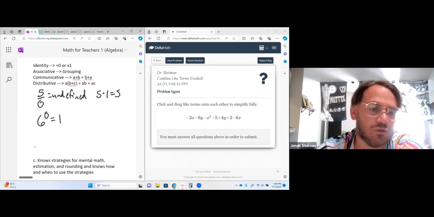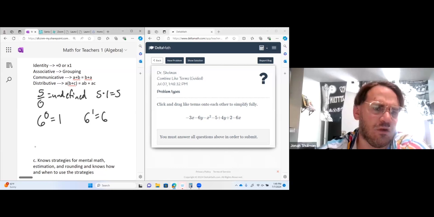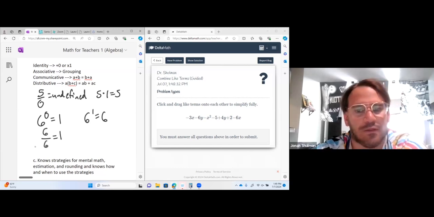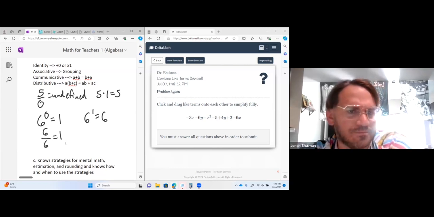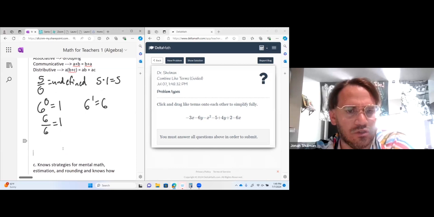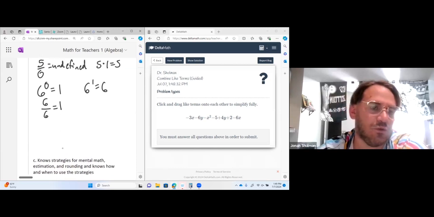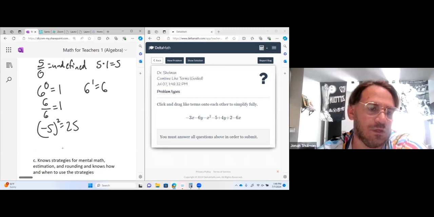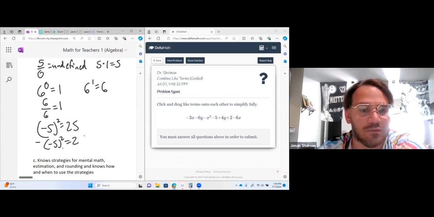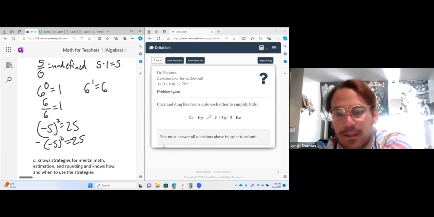Anything raised to the 0 power is 1. Anything raised to the first power is itself. Ooh, if we have a term divided by itself, we get 1. I think those were the rules they asked us to do. All right, let's keep on trucking. Oh, and if it's a negative squared, it becomes positive. If it's a negative squared, but there's a minus on the outside, it also becomes negative.